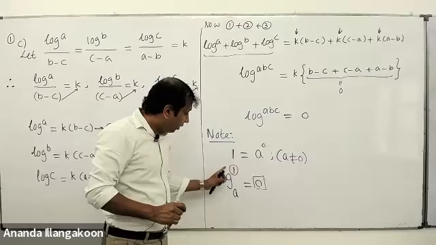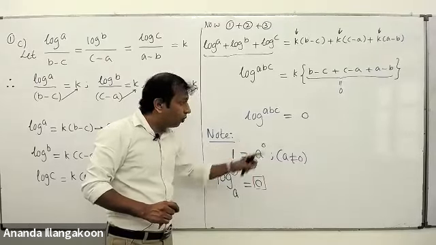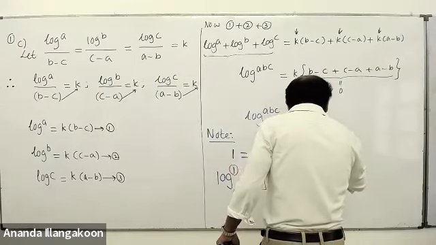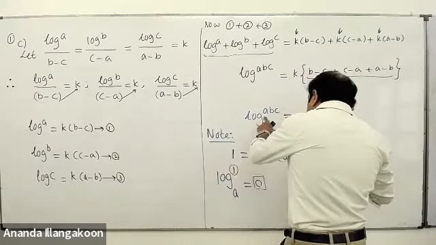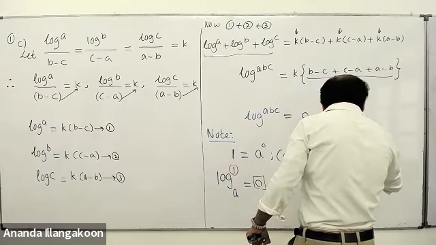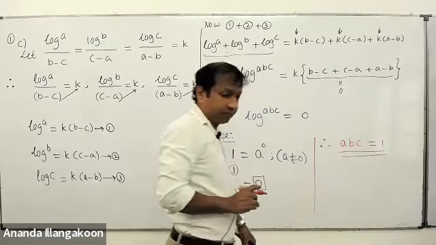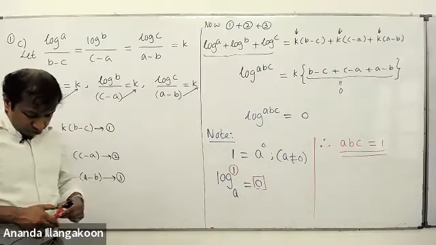So therefore, we can take the answer like that. Then we can write here the knot. After the knot, we can take the answer. Therefore, we can write ABC product should be equal to 1. This is how we take the answer. ABC product is equal to 1.